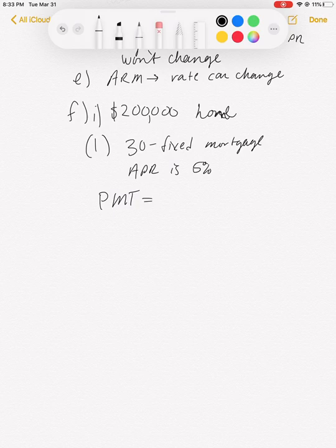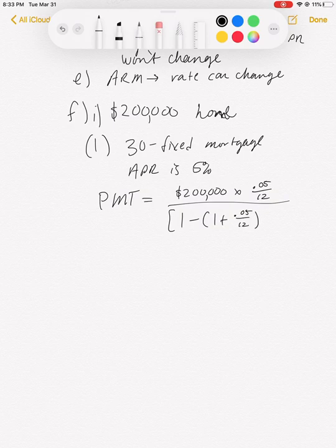We have our $200,000, and we're going to multiply that by 0.05 divided by 12, all over 1 subtract 1 plus 0.05 over 12 to the negative 12 times 30 power, because we're going to do this loan for 30 years.